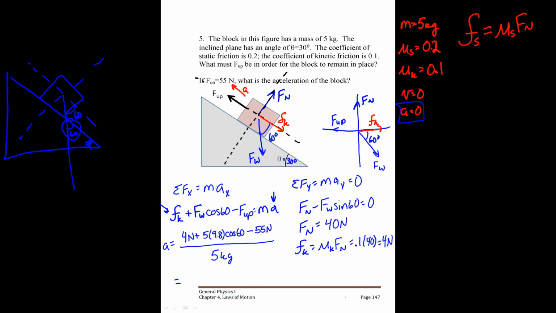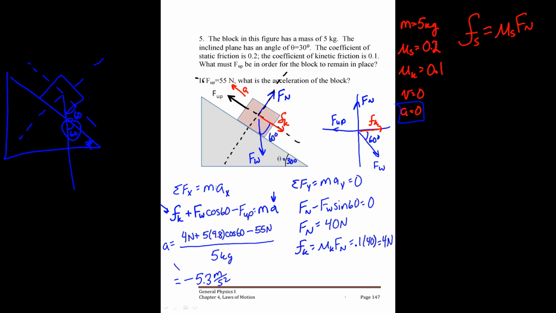So I get minus 5.3 meters per second squared.